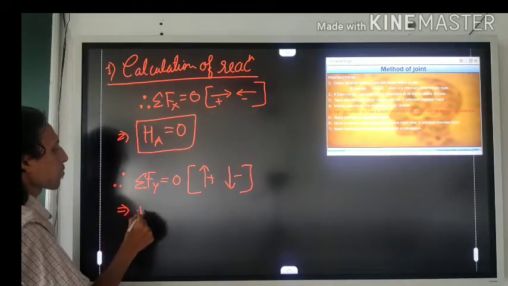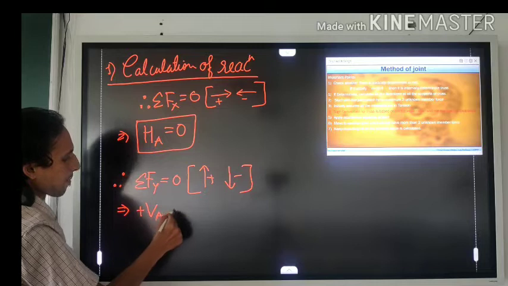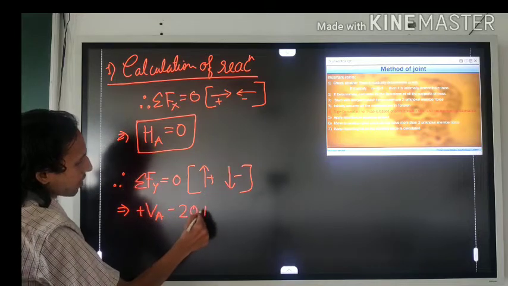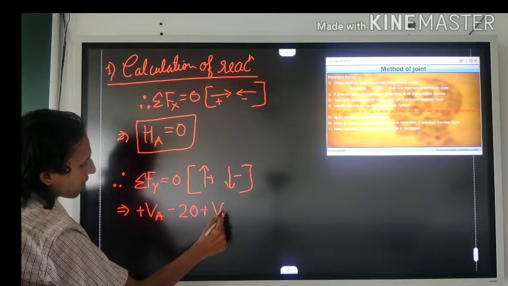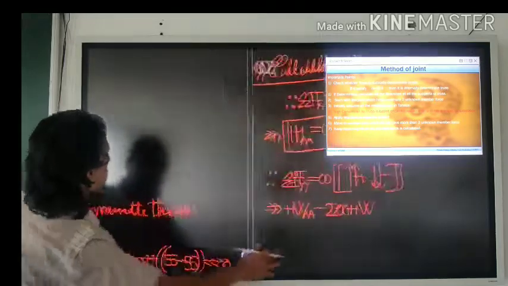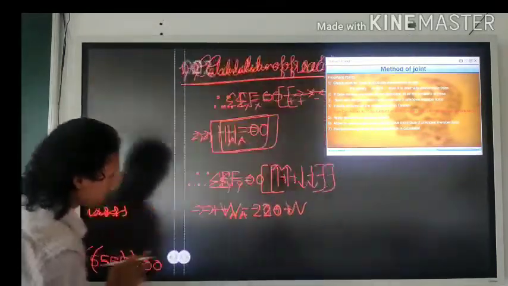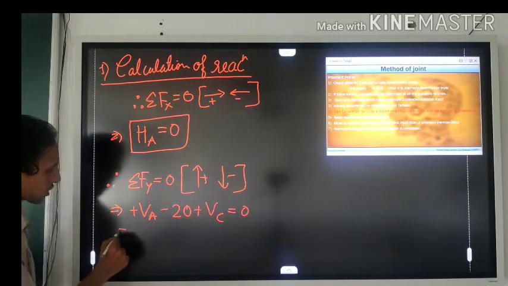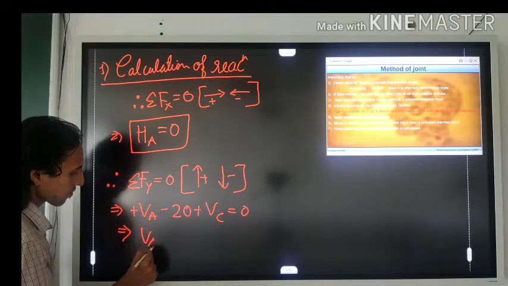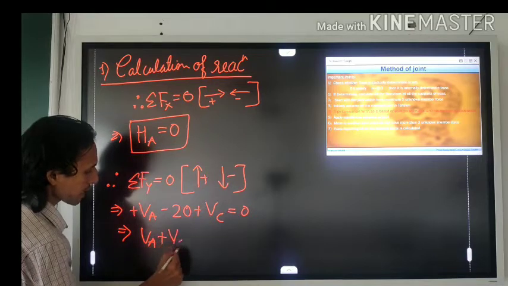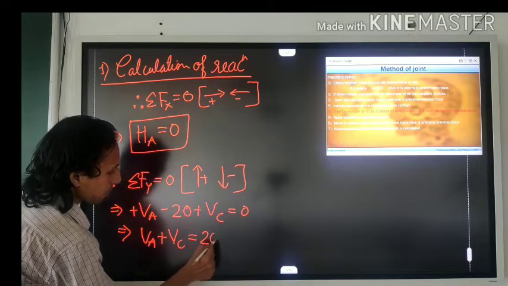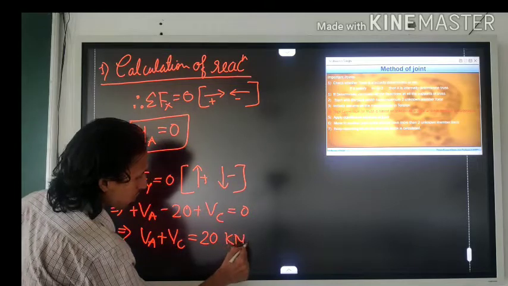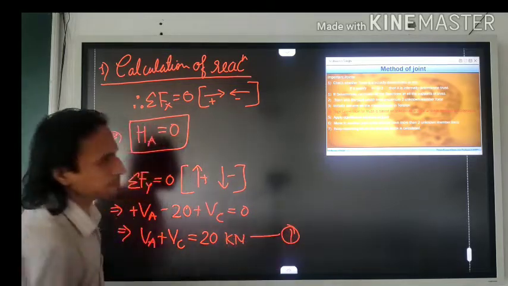Forces are positive VA minus 20, then positive VC is equal to 0. So you can get the first equation: VA plus VC is nothing but 20 kilonewton. So this is your first equation.